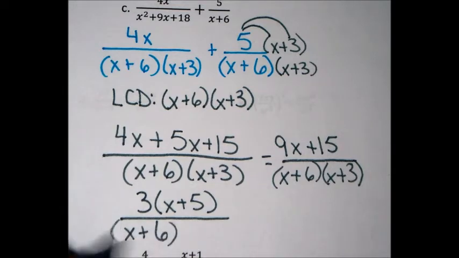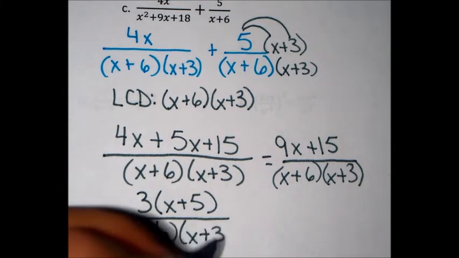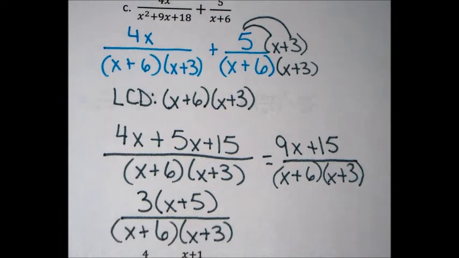And on the bottom, I have x plus 6 and x plus 3. Once I do that, I can see that there is nothing that I can take out of both the top and the bottom anymore. And there's no need for me to refoil it out. You can leave it like that. At least you are showing me that you are trying to factor it out. So that is my answer.